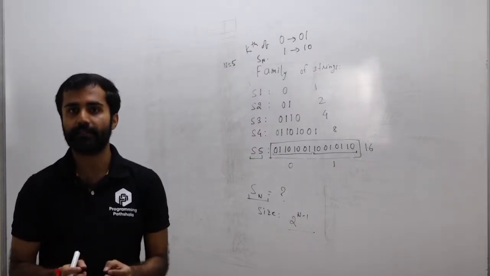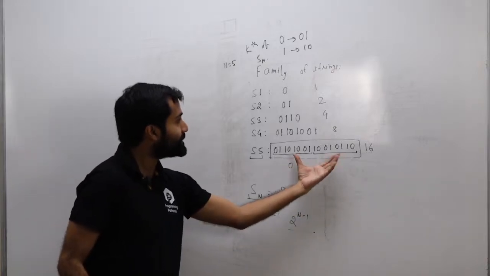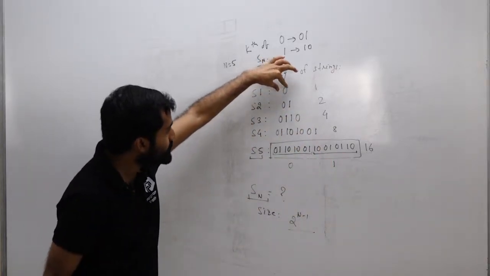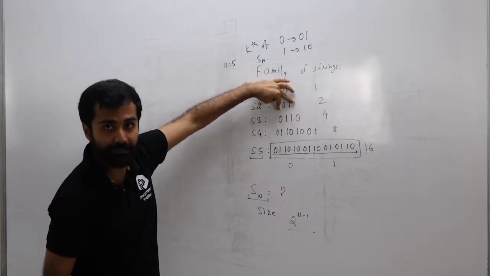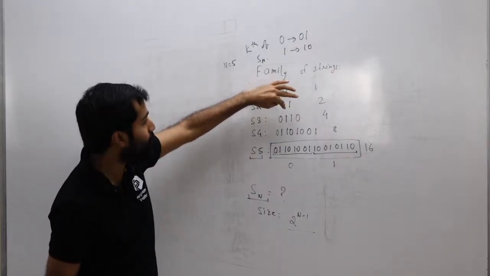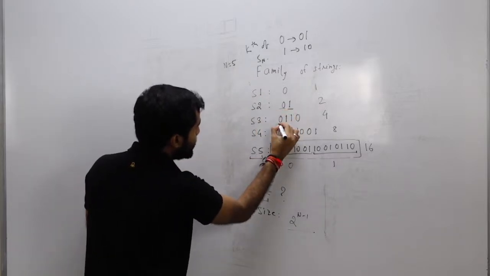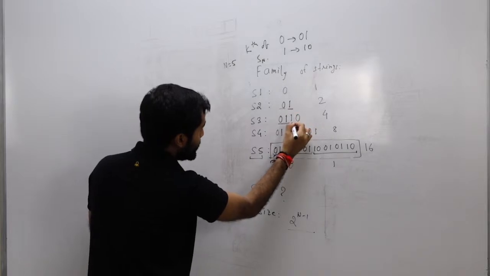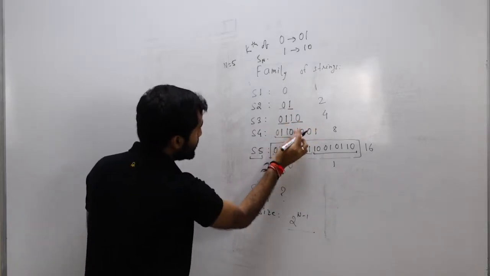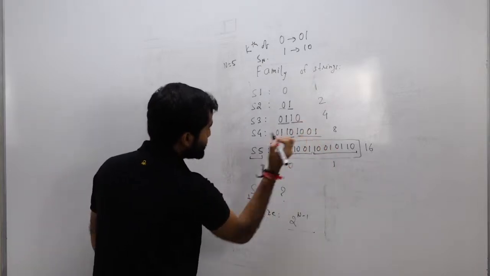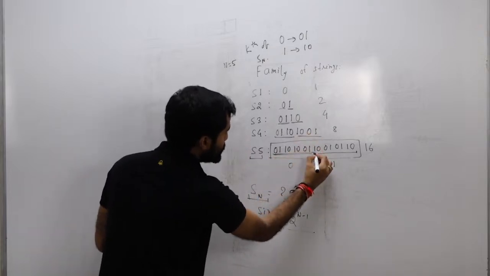I would say yes. Why? Think of it in this manner. All of us are saying that this has germinated from 0, and now I can say this 0 has germinated into 0, 1. Correct? It has germinated into 0, 1, and then this 0 further germinated into this, and this 1 germinated into this, and then this germinated to that, this germinated to that, and then this germinated to this, and this germinated to that.